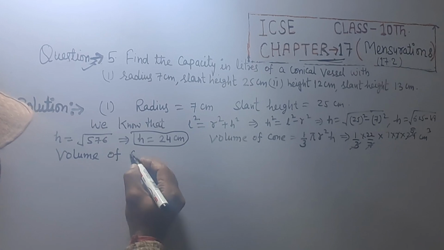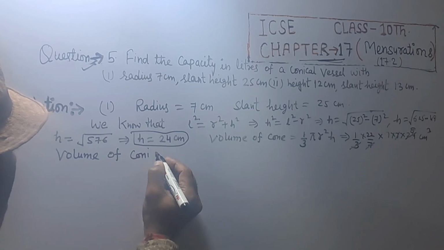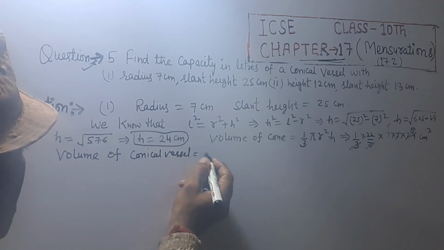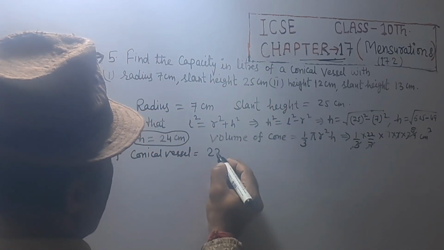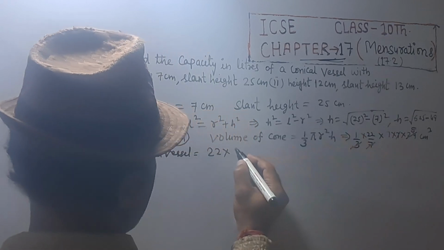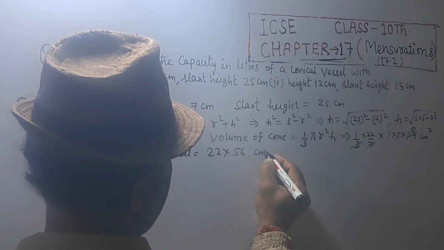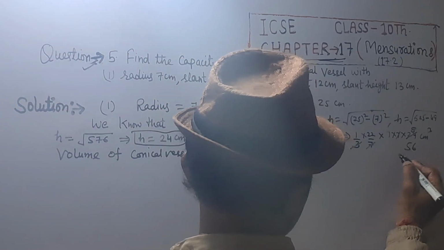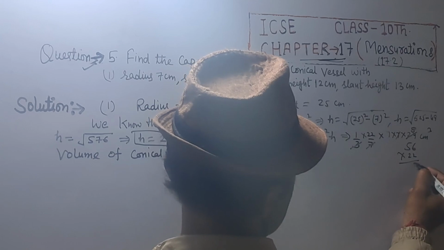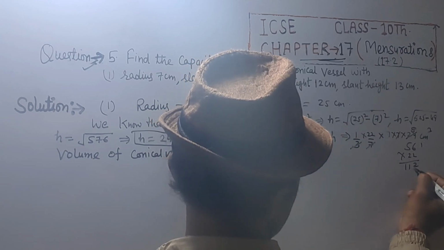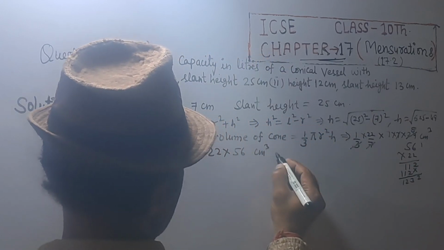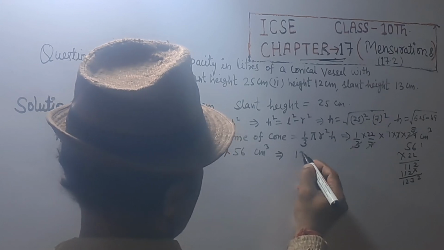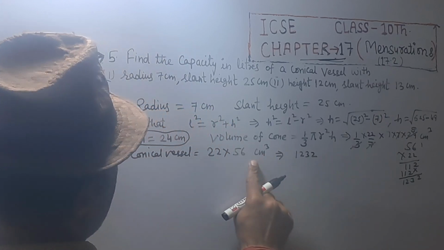Volume of conical vessel is equal to 22 multiplied by 8 7s are 56 centimeter cube. 56 into 22: 6 2s are 12, 1 carry, 5 2s are 10, 11, 2 6s are 12, 11, that is 1232 centimeter cube.